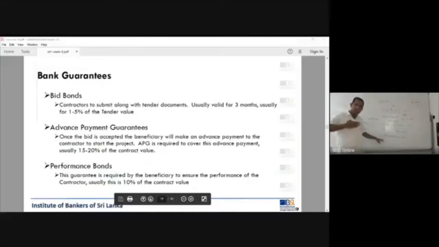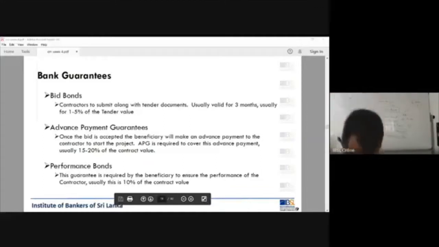Maintenance: my customer will maintain the road. If not, we will compensate you 10%. All these things my customer will do, and if not, I will pay. I'm taking responsibility on behalf of the customer, a third party. So these are contingent liabilities, off balance sheet items.